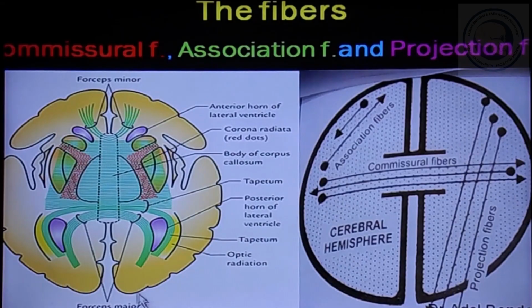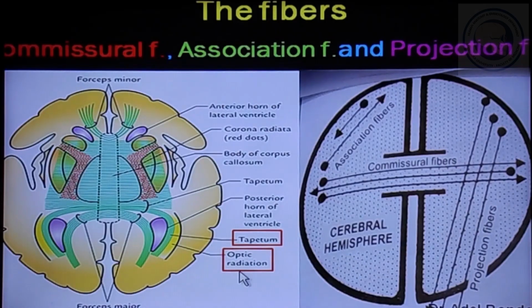And lastly, we will find extension from the junction between the body and the splenium of corpus callosum called the tapetum, and it connects the two temporal lobes together. And also in this section, I'd like you to know some relations. You will find the tapetum, which is an extension or part of corpus callosum connecting the temporal lobes together. And lateral to it, you will find the optic radiation.